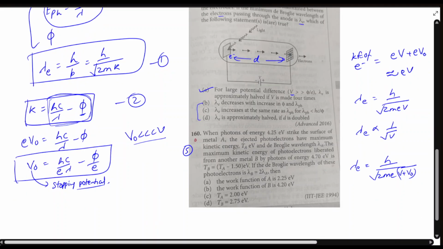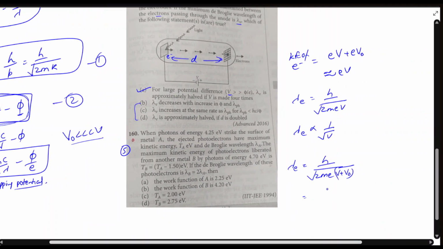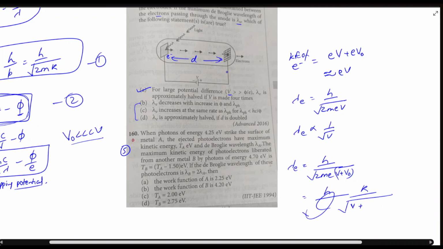So it is V plus V naught. Now let's put the values. All these are constants, so this is a constant upon root of V plus V naught, where V is the potential we are giving, and V naught will be hc upon e lambda minus phi by e. So this will be our de Broglie wavelength.